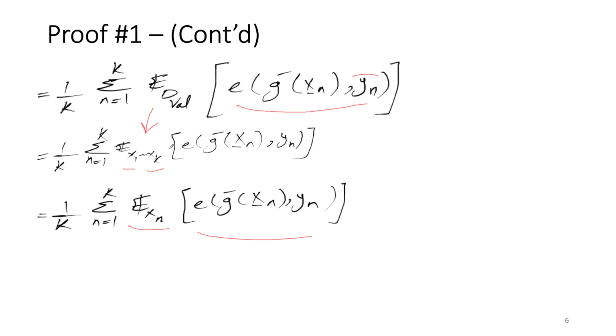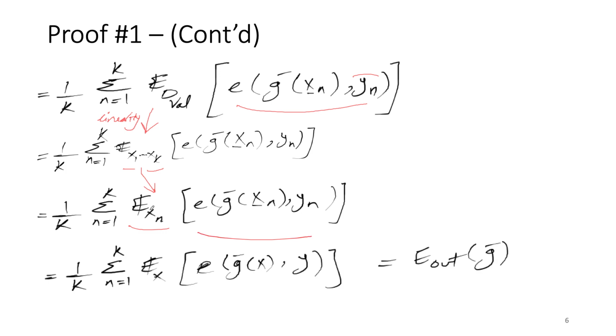And secondly, this shows linearity. Secondly, this shows that x1 up to xk only depends on xn. Right?